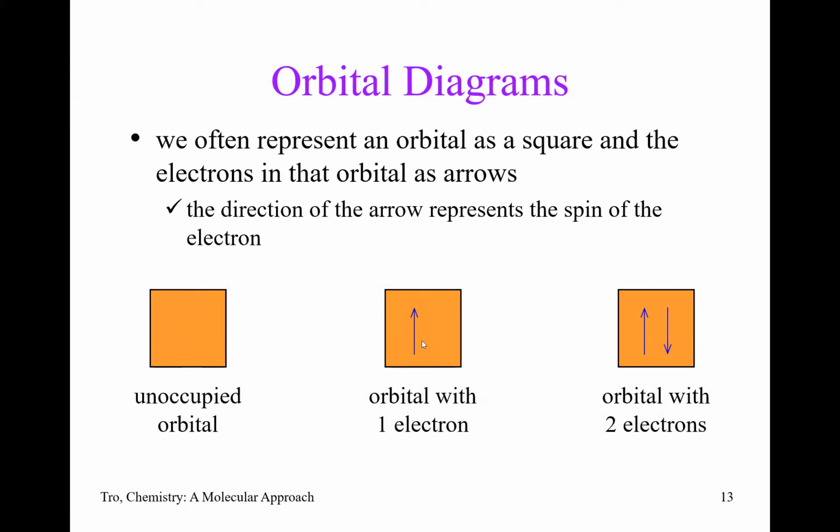Everyone knows in these descriptions that it's an electron. And then the second one has to be paired down because it's got the opposite spin number, so plus 1/2, minus 1/2. So empty, half filled, and filled are the only options.